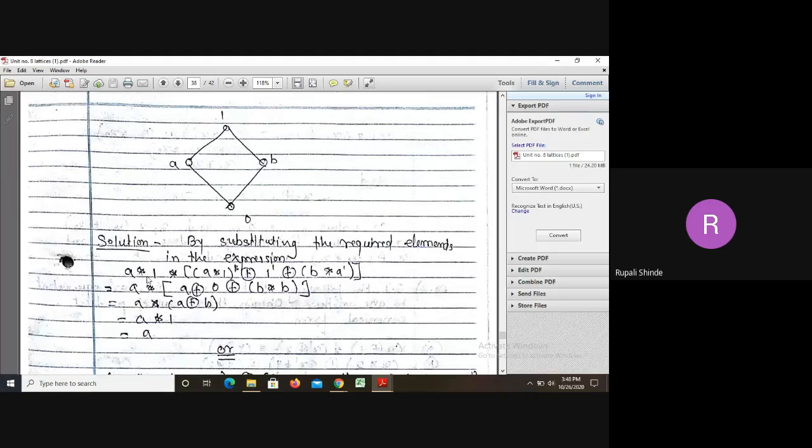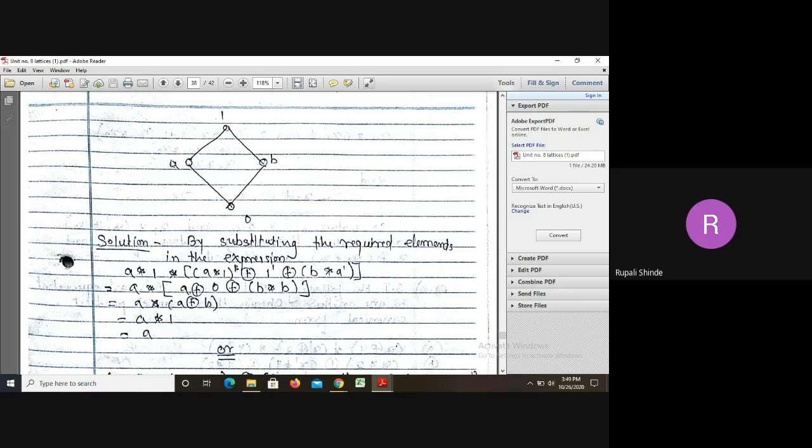Take here A star 1 star A star 1 XOR 1's complement XOR B star A's complement. So A star 1, what is the value for this operation? Greatest lower bound of A and 1. What will the value be then?